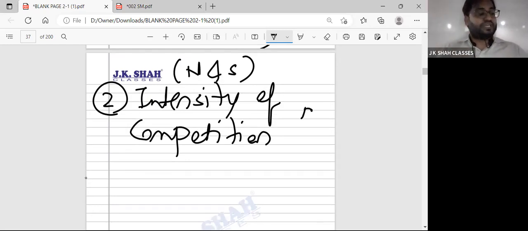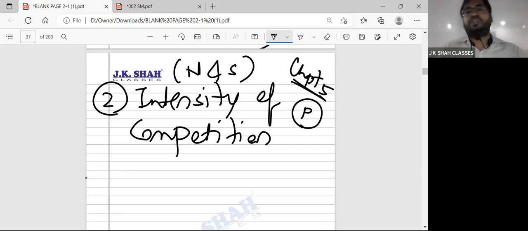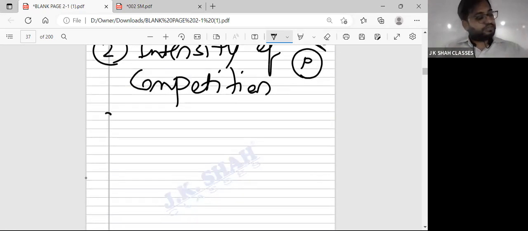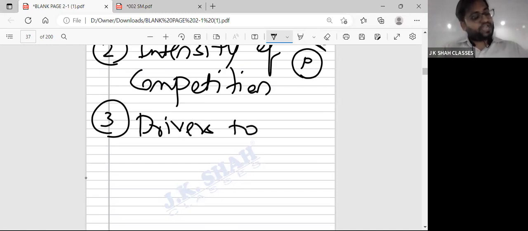So intensity of competition, this we will do when we study chapter 5. So write in pencil there, chapter 5. Don't worry, when we do chapter 5, this will be over. I will tell you that this is done. Number 3, drivers to change.